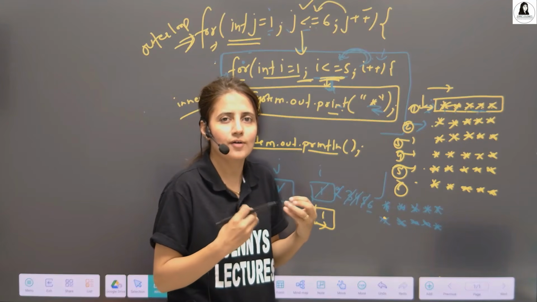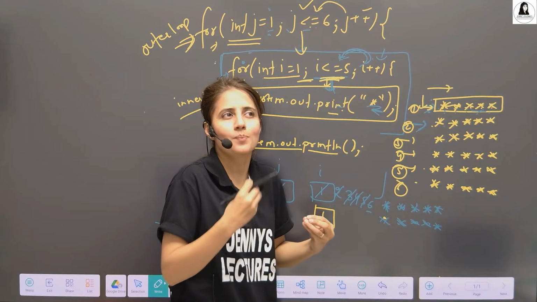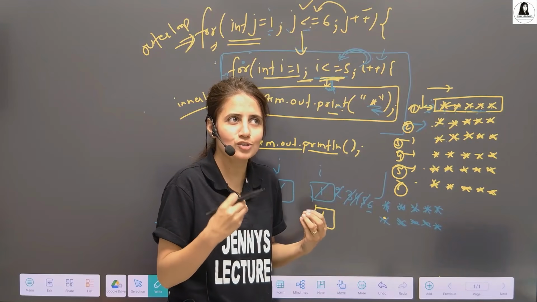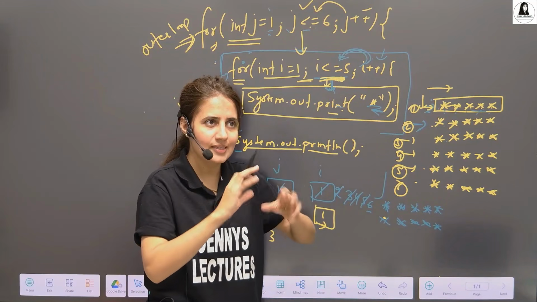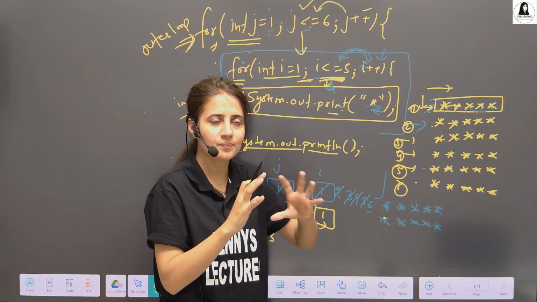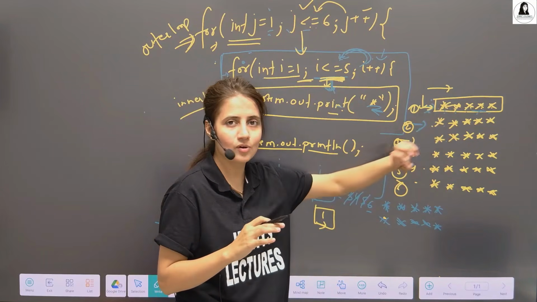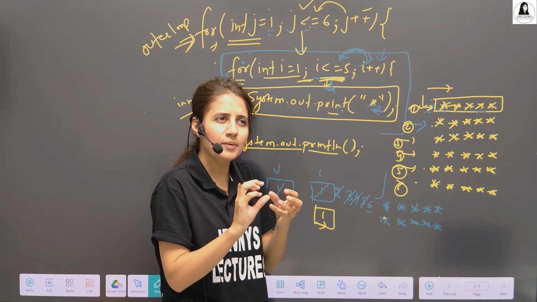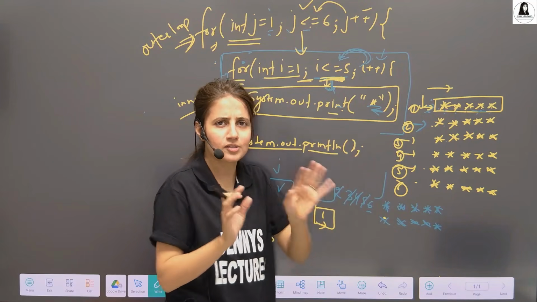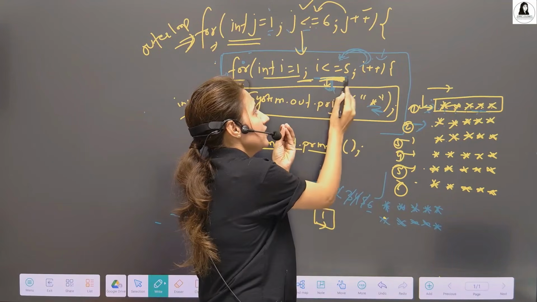The only thing is, in some complex pattern printing questions, you have to identify this termination condition. You have to set a relationship between the number of rows and the number of columns, and that's it. Just do a little bit of basic math, plus, minus, multiply, and this kind of thing. And you have to frame this condition.